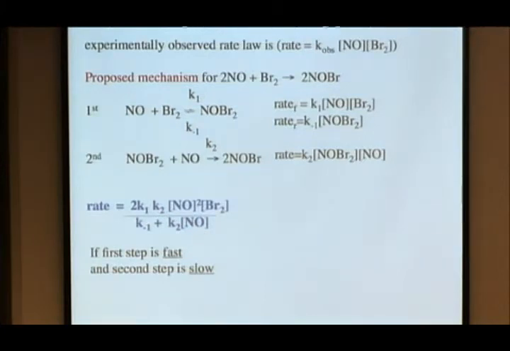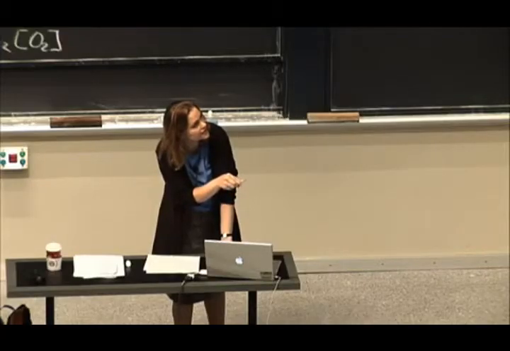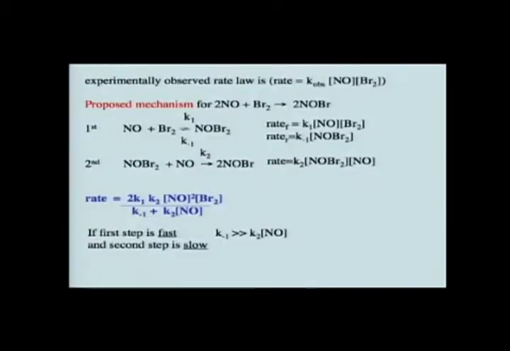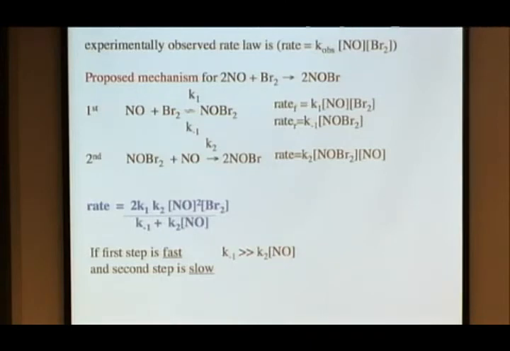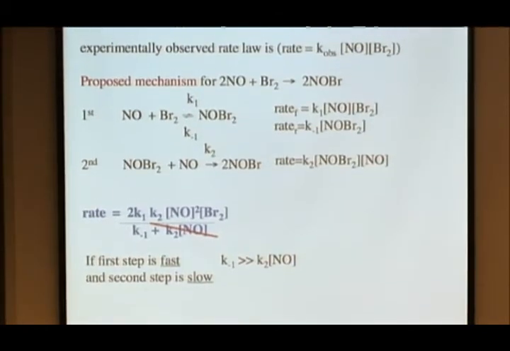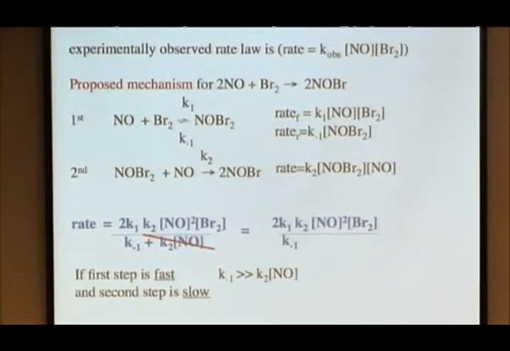2. And now let's look at what would have been true if we had done it the other way around. If the first step is fast, then that's a lot bigger than this. If this is a lot bigger than that, we cancel out this second term here. Can anything else cancel? No. So we're left with this expression, and that is not consistent with this up here because we have this squared term.